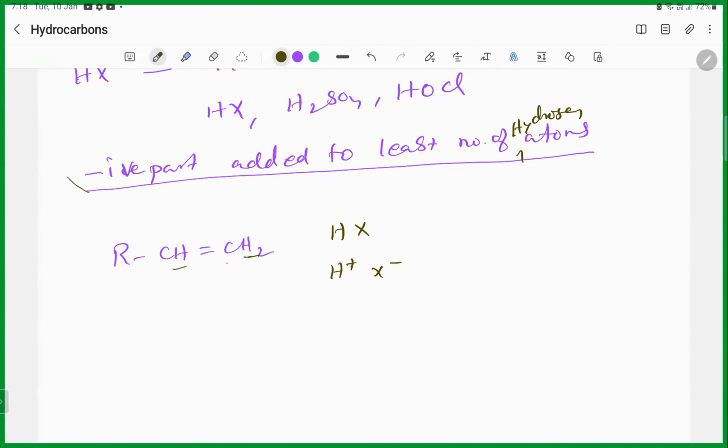This is the statement: the negative part of the reagent is added to the least number of hydrogen atoms. Which is the least number of hydrogen atoms? CH or CH2?